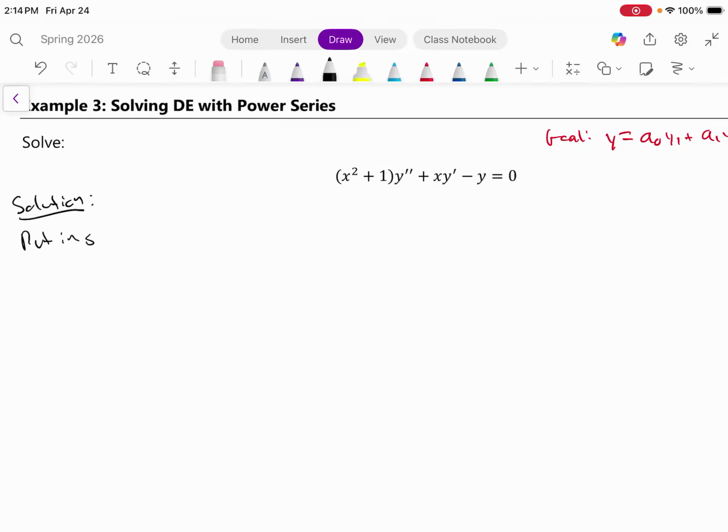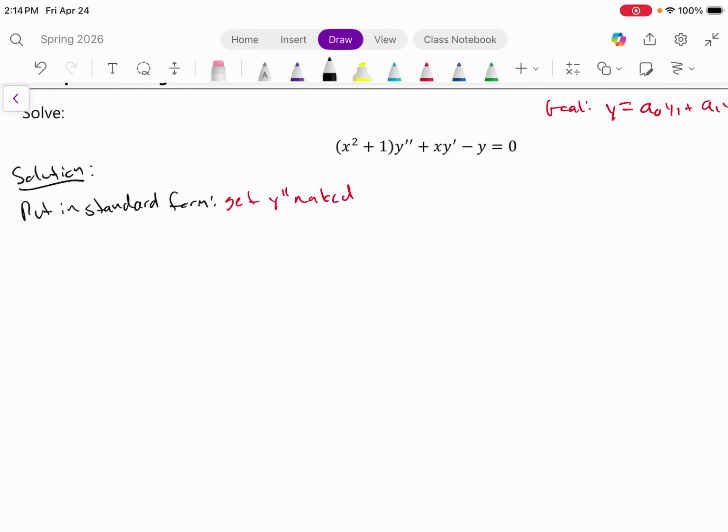That means I'm going to divide by that x squared plus 1 because standard form means get y double prime naked. So what I would end up with is y double prime plus x over x squared plus 1, y prime minus 1 over x squared plus 1, y equals 0.